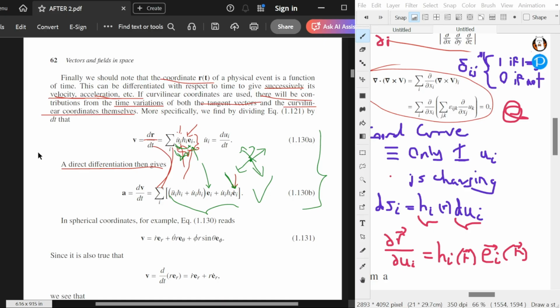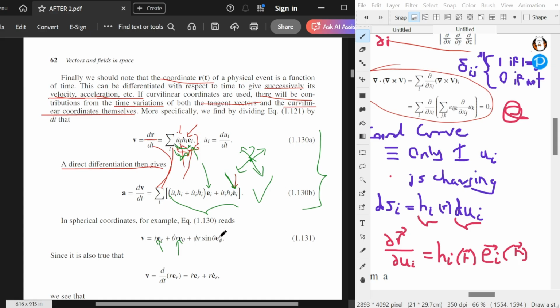Velocity equals r dot e_r, and h_theta has 1 plus theta dot r e_theta, because h_theta is r.